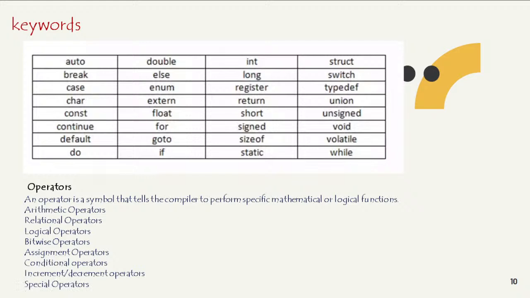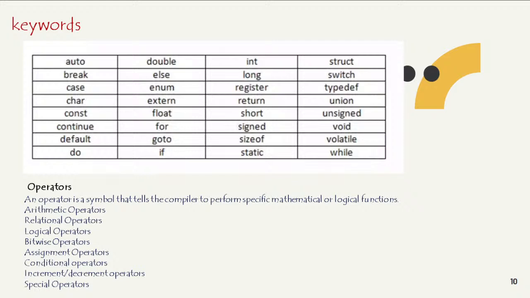And the last operators are the special operators, which are used to perform special operations in C programming language. For example, I can use the pair of square brackets, which is used for declaring arrays. I can use the combination of flower brackets for initializing array elements or for function definitions.